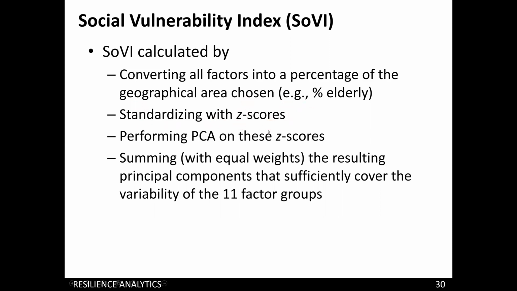You calculate a z-score. You perform principal components analysis on those z-scores, and then you sum them up with equal weights. Okay, so all of those are given equal weights, which could be problematic, right? Some of these factors might be more important to a decision maker than others. However, in the social vulnerability index, they're given all equal weights across those 11 factor groups.